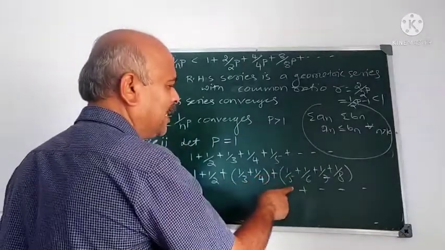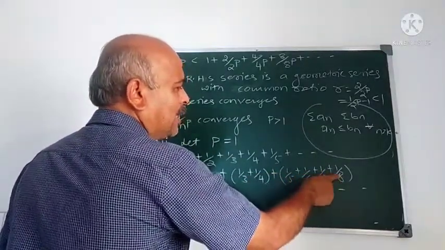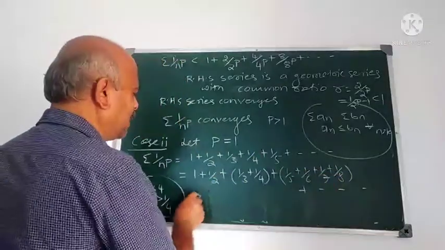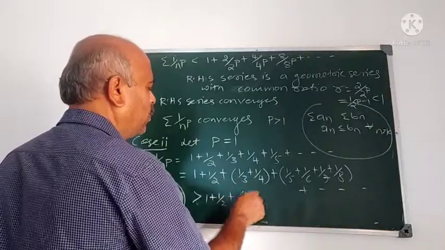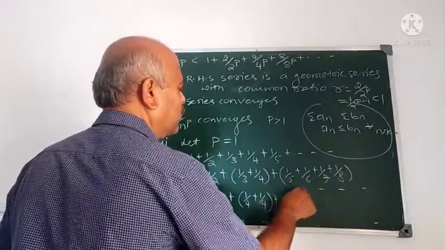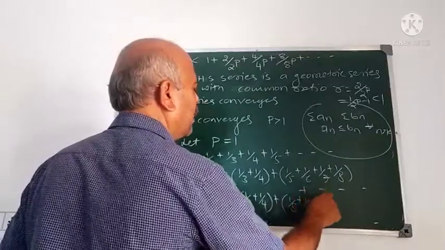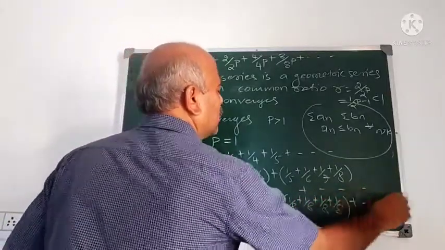Similarly, 1 upon 5 is greater than 1 upon 8, 1 upon 6 is greater than 1 upon 8, 1 upon 7 is greater than 1 upon 8. So we write it is greater than 1 plus 1 by 2 plus 1 by 4 plus 1 by 4 plus 1 by 8 plus 1 by 8 plus 1 by 8 plus 1 by 8 plus so on.